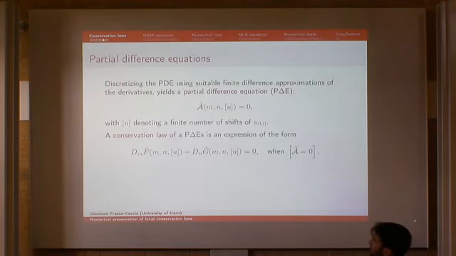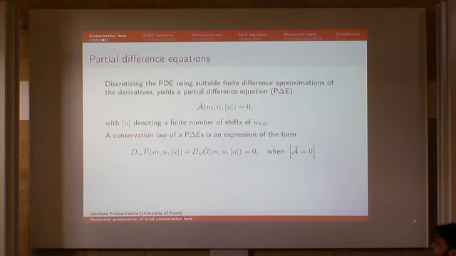And when you are discretizing a PDE using some finite difference approximation, what you're doing is just replacing the derivatives with differences. So instead of having a partial differential equation, you will have a partial difference equation, which depends on the points in the lattice and on the approximation of u at the grid points.